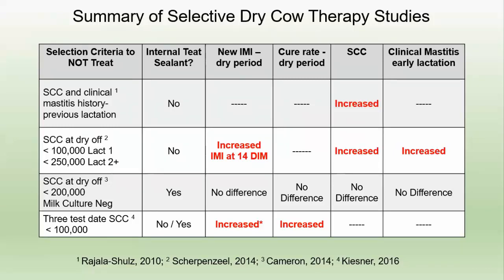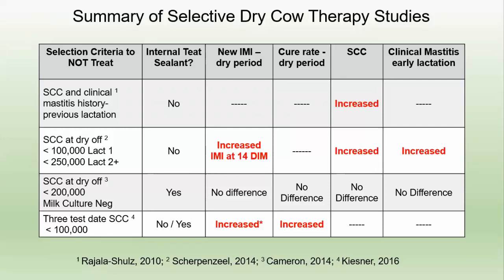If you think a cow's infected at dry off, she needs to be treated. When we look at the studies that were done in Europe and a previous study in Ohio, where pretty much the selection was based on somatic cell count before drying off, as you can see in the red font in this table, that sooner or later it may not be the best way to do that.